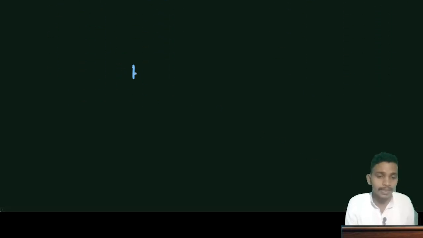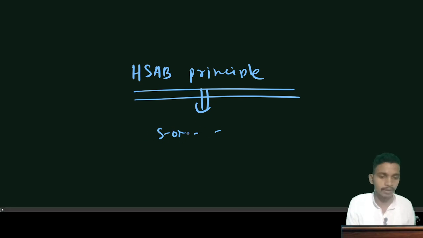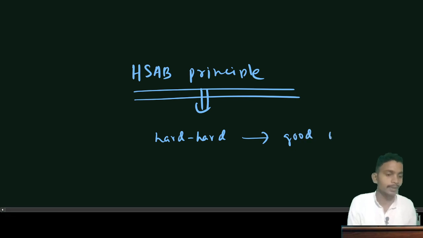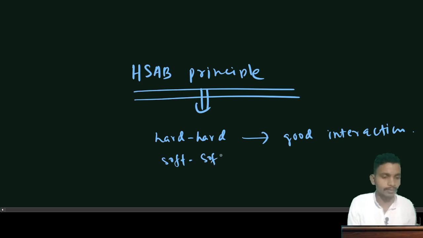So we know the HSAB principle. What this principle says is that if we have hard and hard, they have good interactions. Good interactions means they will always try to do hard interactions, or they will try to do soft interactions.